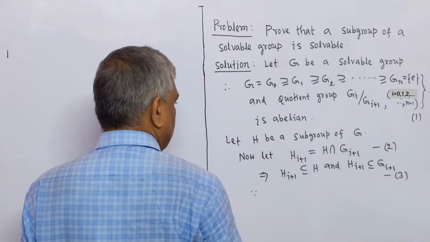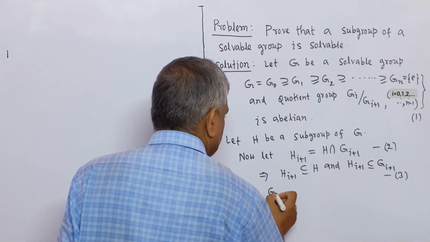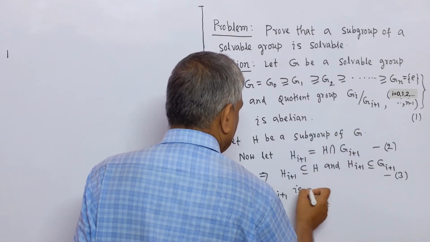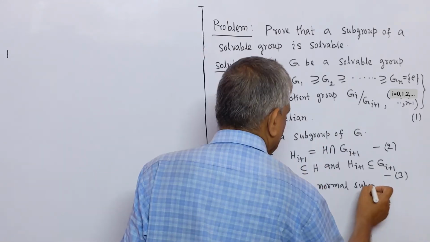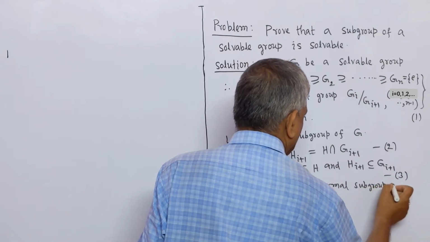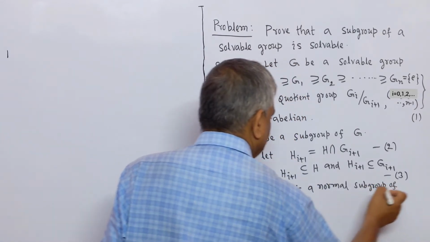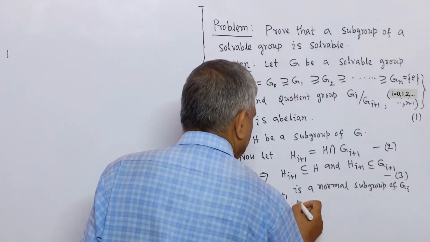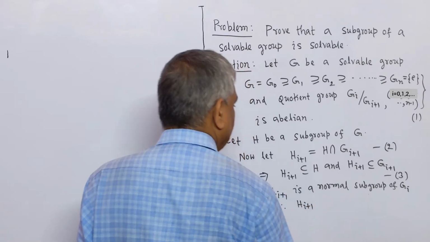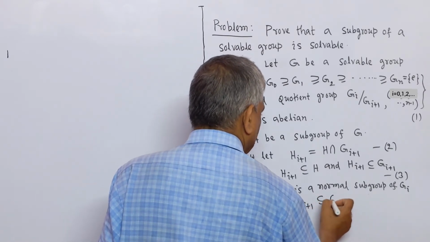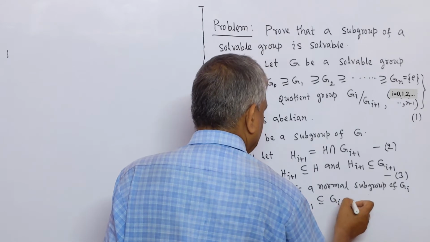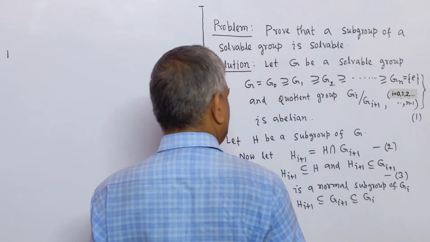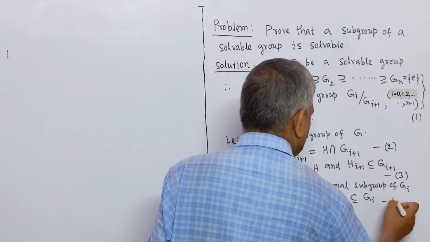Since Gi plus 1 is a normal subgroup of Gi, therefore Hi plus 1 is a subset of Gi plus 1, which is a subset of Gi. Let this be number 4.